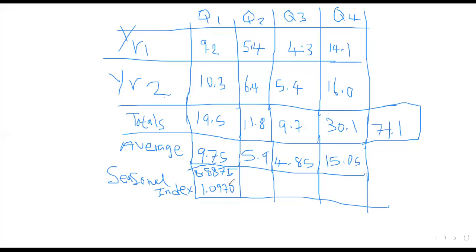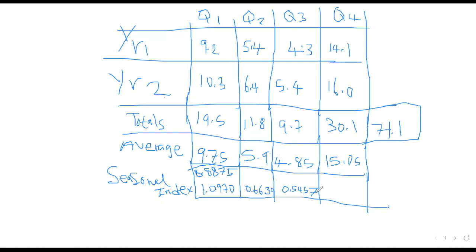5.9 divided by 8.8875 gives 0.66, so 0.6639. Then the other one, 4.85 divided by 8.8875, gives 0.5457.